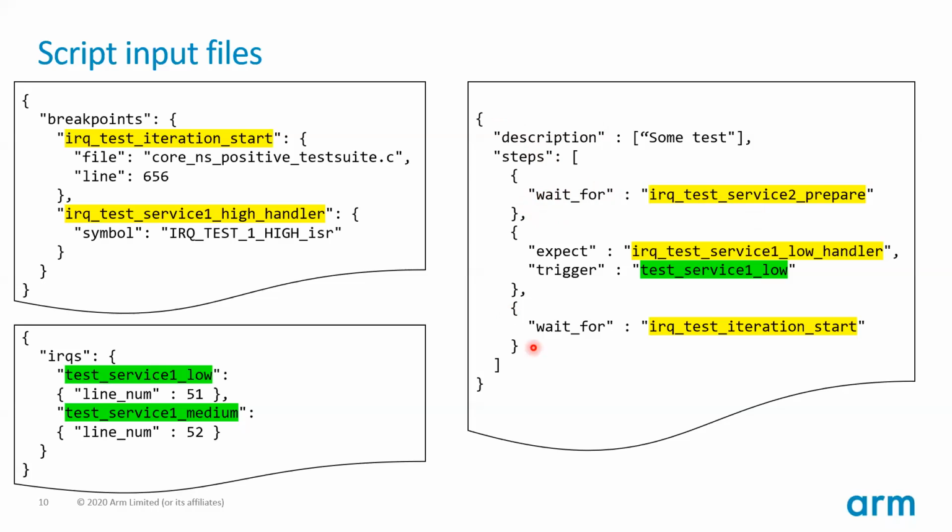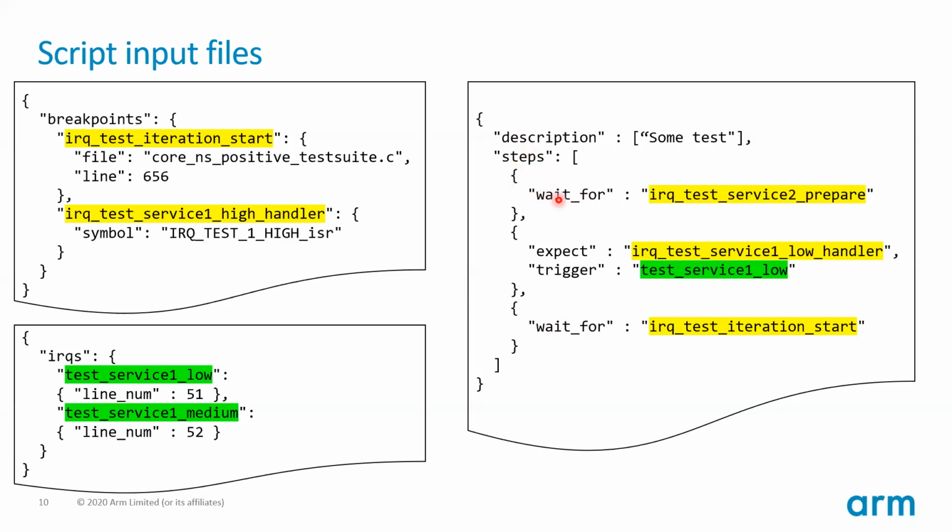It's not the easiest to read, but the easiest to parse from a script. So we selected this, but it can of course be changed later if we want to make it more convenient to read and write these files. So this test case has 3 steps.